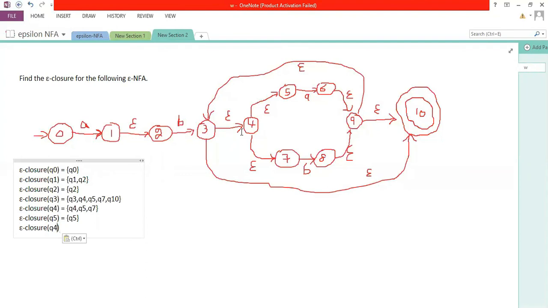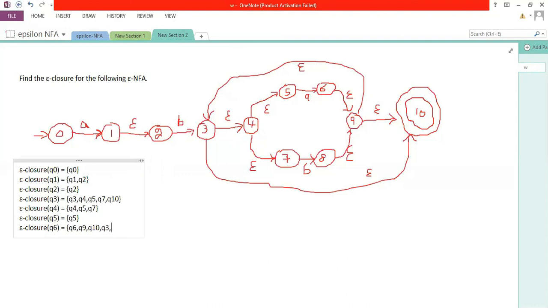Then check out epsilon closure for Q6. Epsilon closure for Q6 is pretty important to check. Q6 is initial. Then it is Q9. Then from Q9 we can reach Q10. Then we can come back to Q3, so you should include Q3 also.